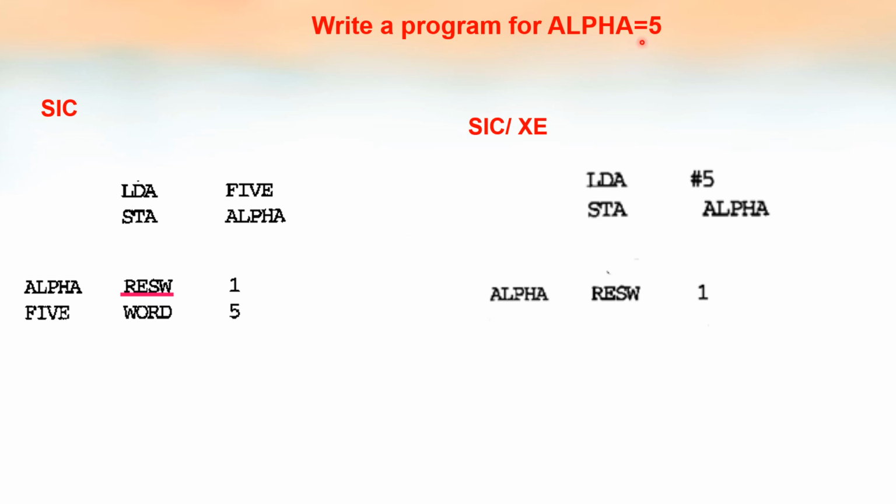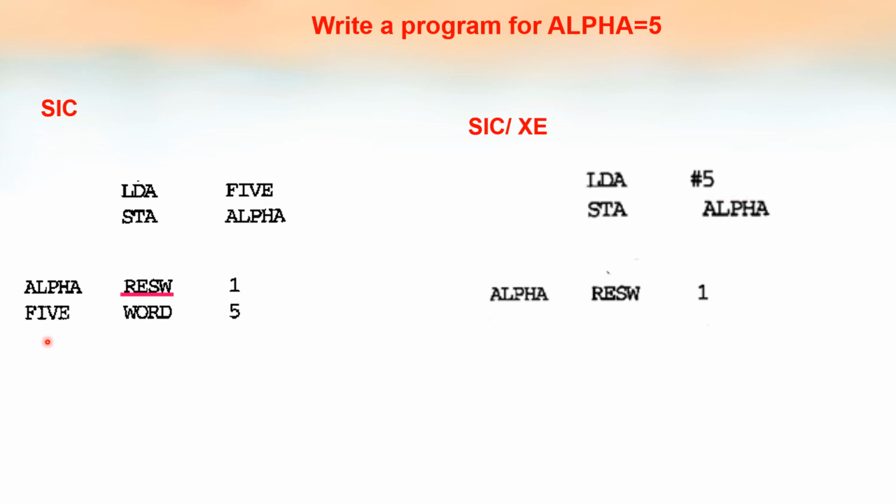So this alpha and 5 are integers. The same program, how can we write in SIC-XC? In SIC-XE, more instructions, addressing modes and instruction formats are there. So we can reduce the amount of code here. In SIC, for LDA we had given the name FIVE, but in SIC-XE we can directly give the value itself.